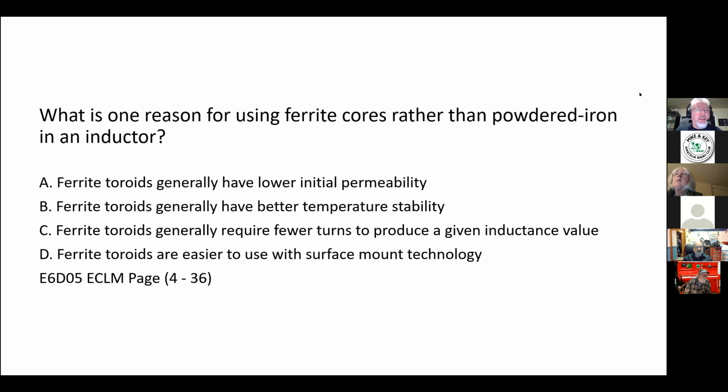C, ferrite toroids generally require fewer turns to produce a given inductance value. Or D, ferrite toroids are easier to use with surface mount technology. Charlie is correct. Generally requires fewer turns for a given inductance because it keeps it all in there.